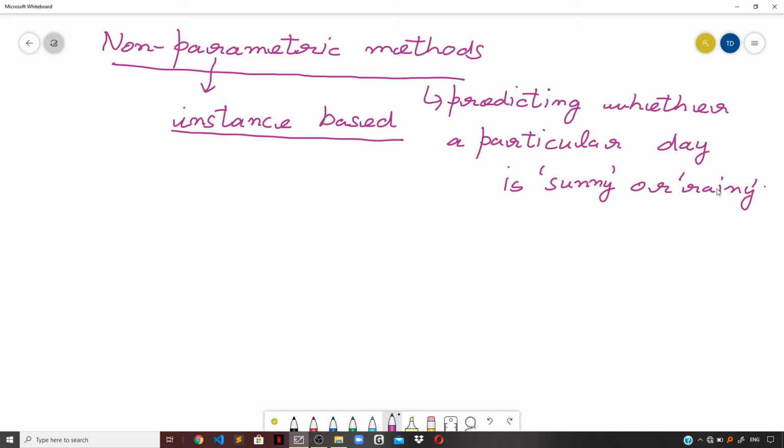So as an example, let us see how we can represent this using a graph. Now what I will do is I will use two notations here. Using star, I will represent that a particular day was rainy, and dollar will represent that a particular day was sunny. And let us use the same graph that we had.